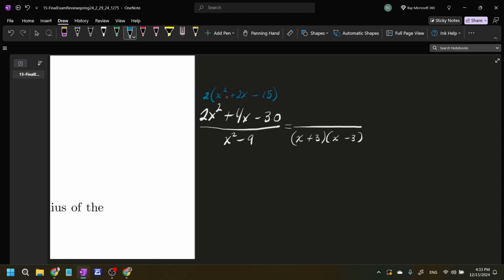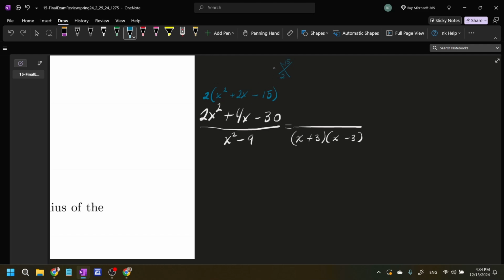And this one, we don't have to use slide and divide or AC method or any other factoring tactic, because this is factorable. We can definitely choose two numbers such that when we multiply, we get negative 15, but when we add, we get positive 2.